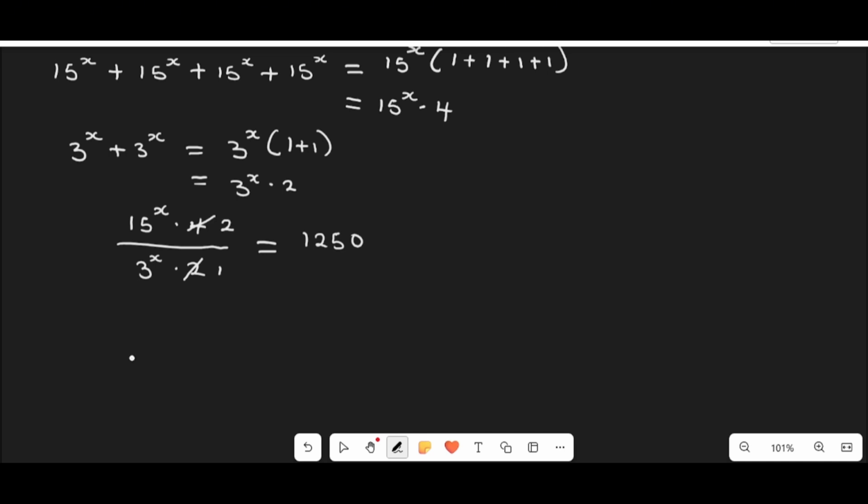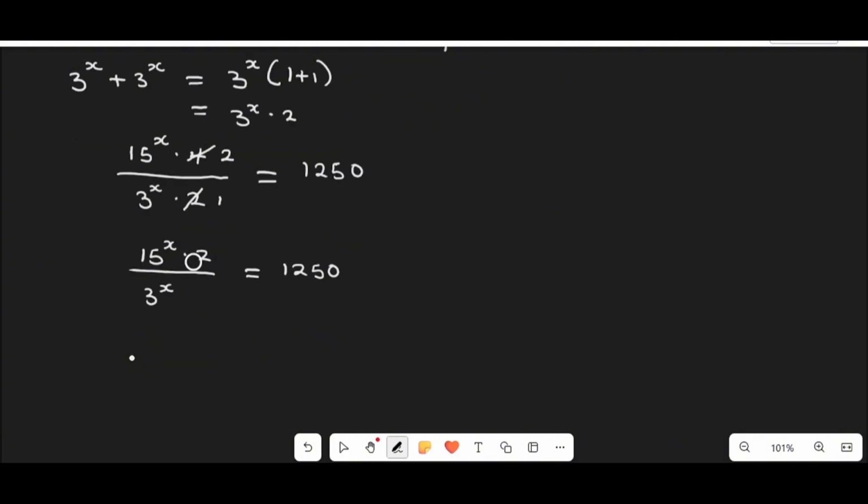So the equation will now be 15 raised to power x multiplied by 2 over 3 raised to power x equal to 1250.